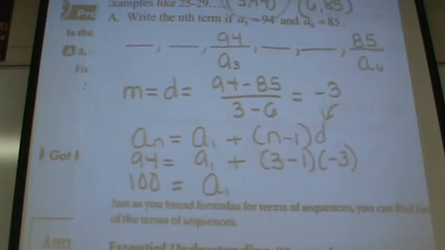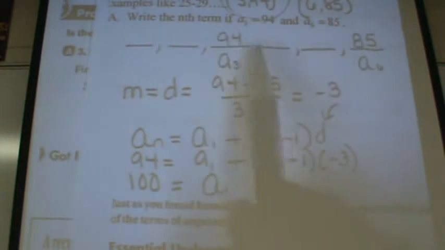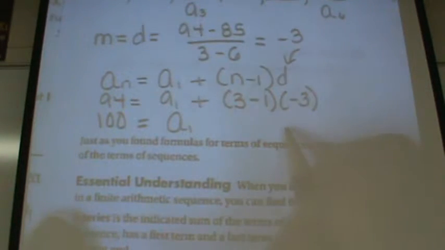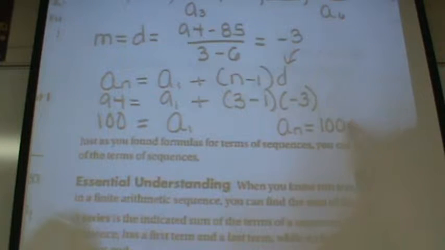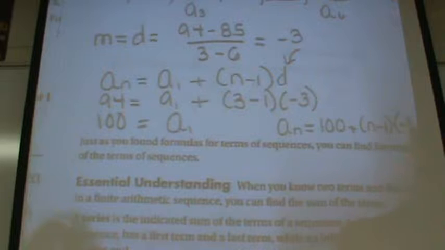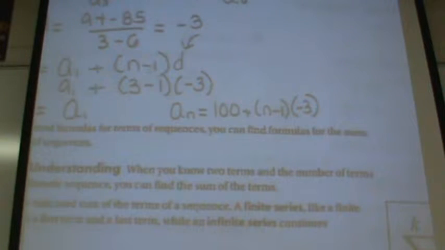Thank you. So now, what is your equation? They want the nth term equation. So you would write a sub n equals your first term, 100, plus n minus 1 times -3. And you know you could simplify this.